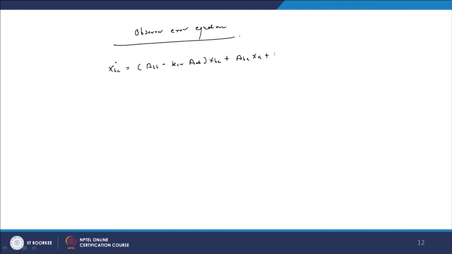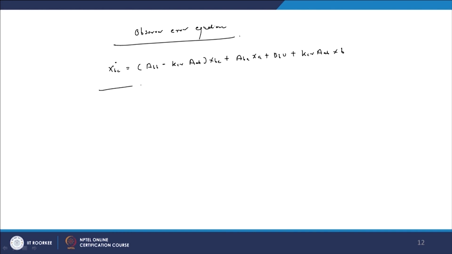Now, about the observer equations, the observer error equation. Here the observer error equation is XB dot equal to (ABB minus KER into AB) into XBE plus ABA into XA plus BB into U plus KER into AB into XB.